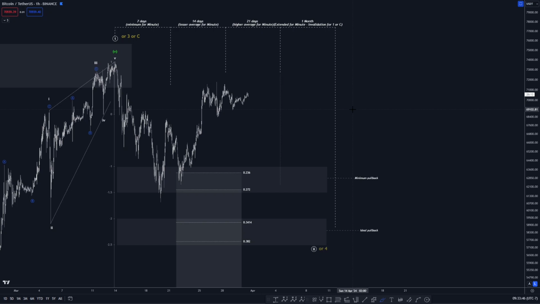So we were on the right track. We wanted this to at least be a minute correction, which it very well could have been. Once again, this could have been completed as a minute correction. Or we're looking at this as a minor wave 4 correction. It's going to be at least a month, and well likely to be over a month.